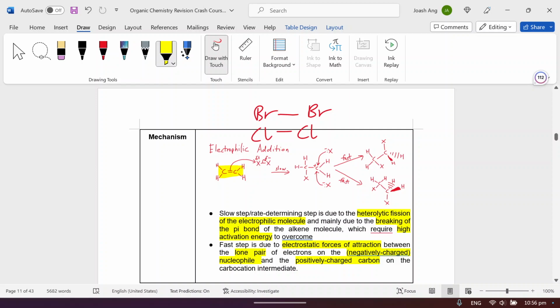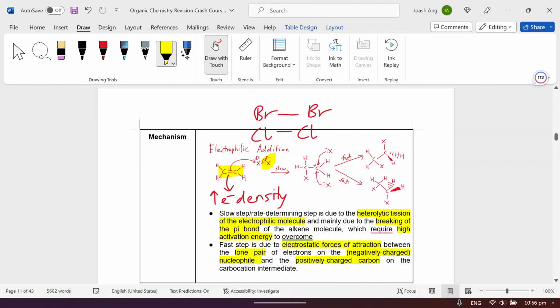Because this part has high electron density, and you know that like charges repel, the electron density would shift towards this area.